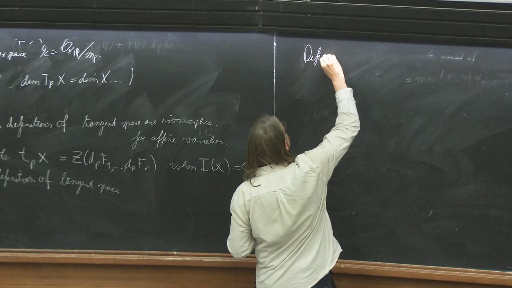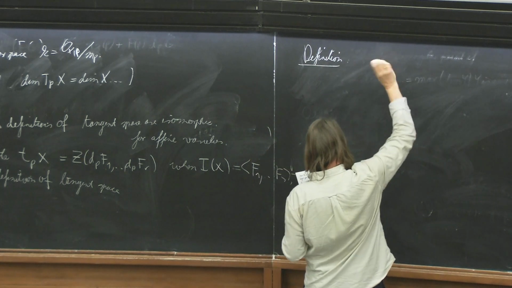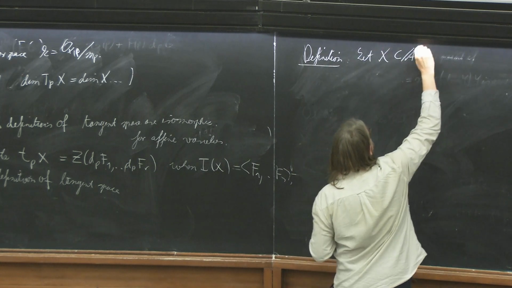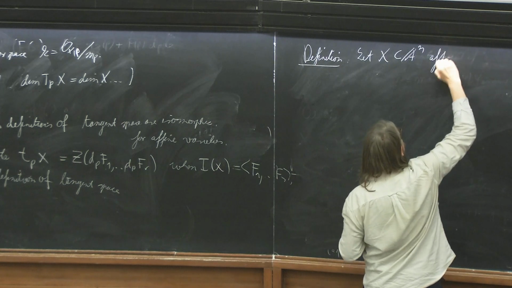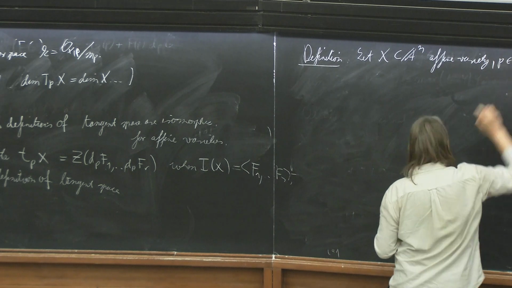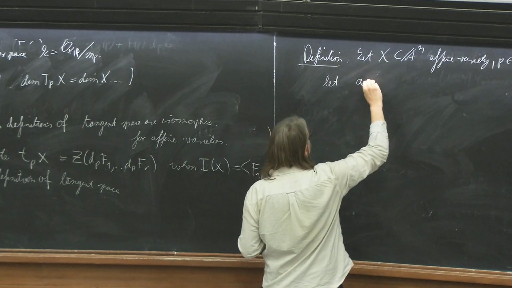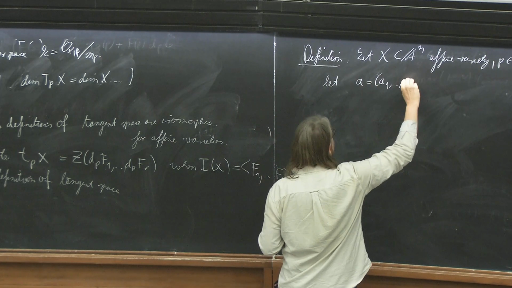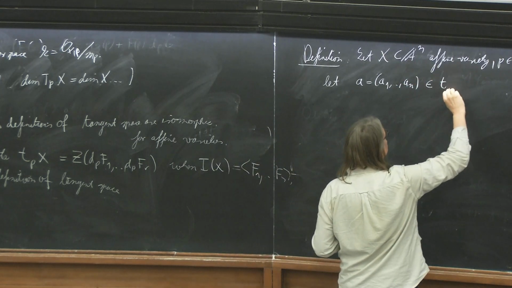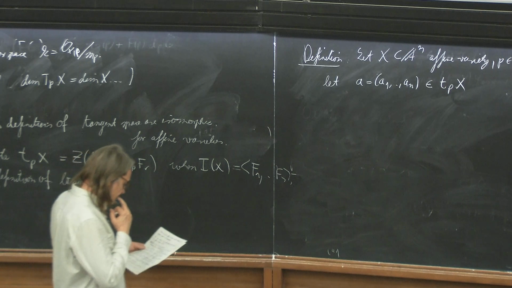Definition. Let X be a affine variety, P a point in X, and let A equal to (a1, ..., an) be a tangent vector in the old sense, so in the zero set of these differentials of the ideal.